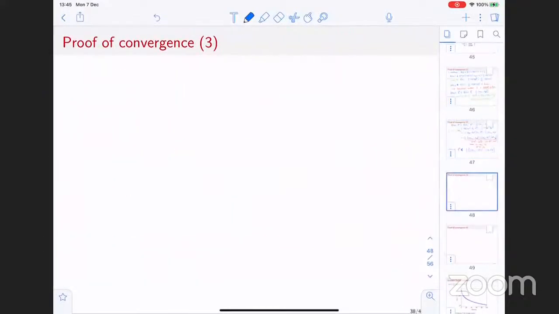So now if I sum this inequality, I will get the sum from k equals 1 to t minus 1 of f of xk plus 1 minus f star. This is less than minus L over 2, and then I will just have the first term and the last term.